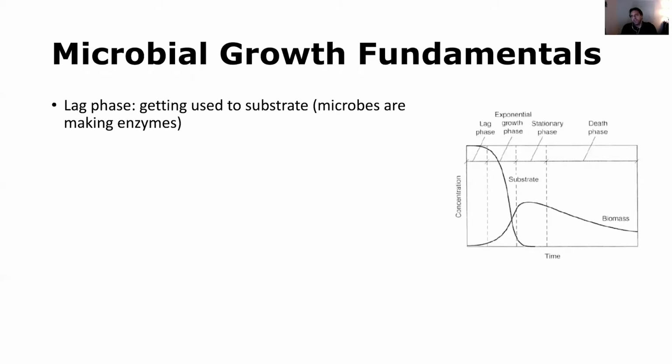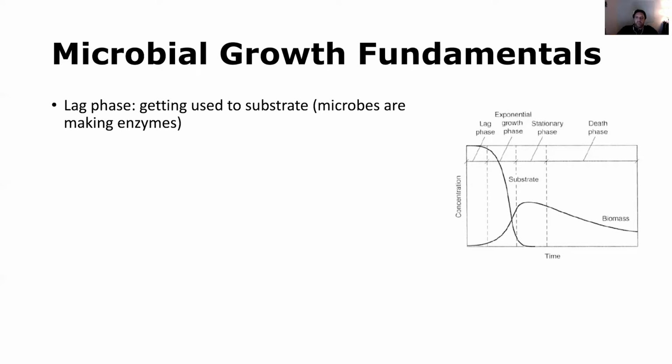All right, so let's talk a little bit about microbial growth and the fundamentals of microbial growth. So if we were to put wastewater in a jar for a period of time and let the microorganisms degrade the organic matter in the presence of oxygen. So we have wastewater in a jar. Let's say that we're pumping oxygen into that jar.